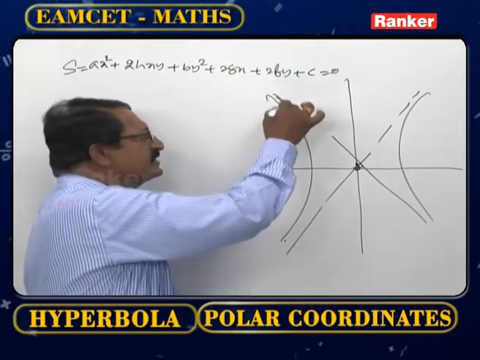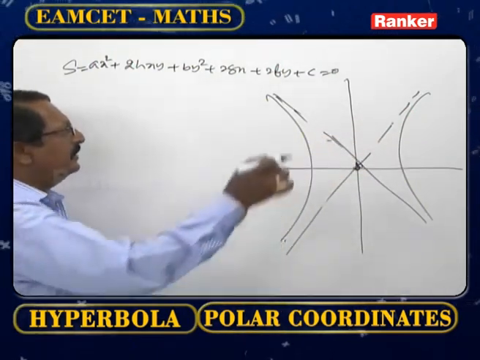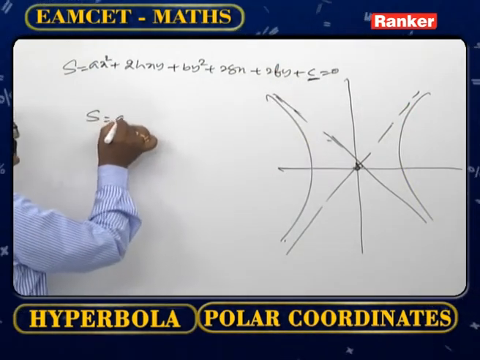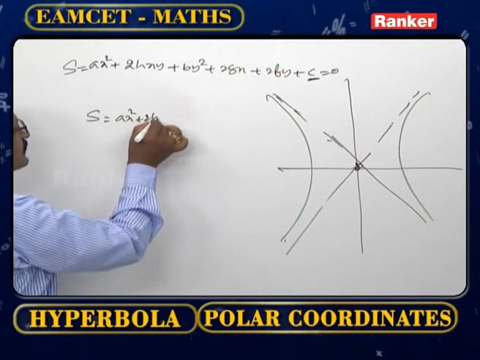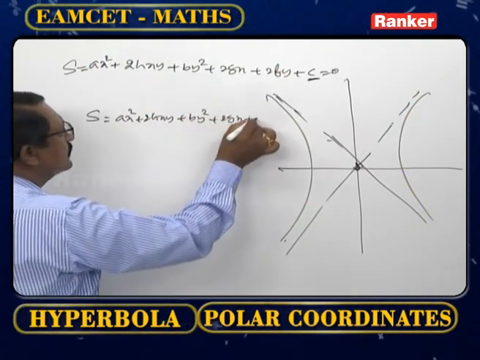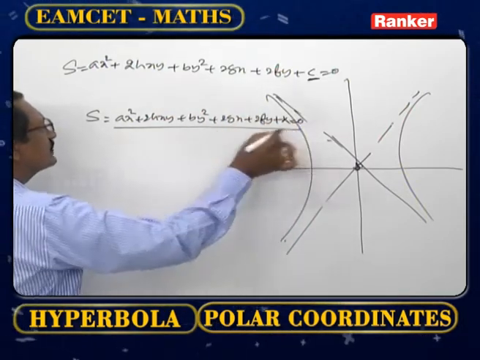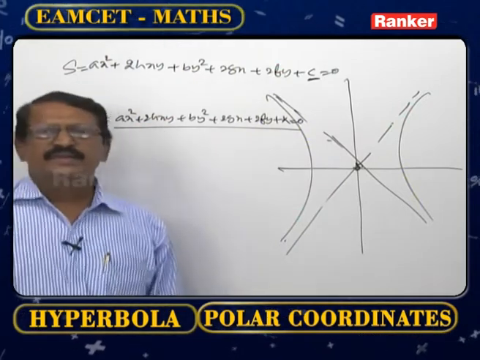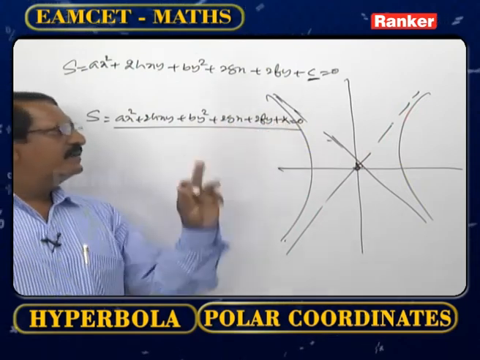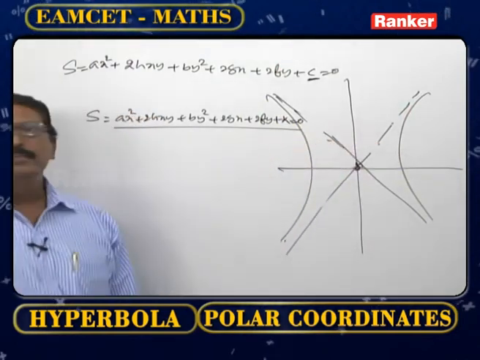The equation of the asymptotes and the hyperbola equation differ by only a constant k. So the asymptotes equation is ax square plus 2hxy plus by square plus 2gx plus 2fy plus k equals 0, but here the asymptotes are nothing but a pair of straight lines.